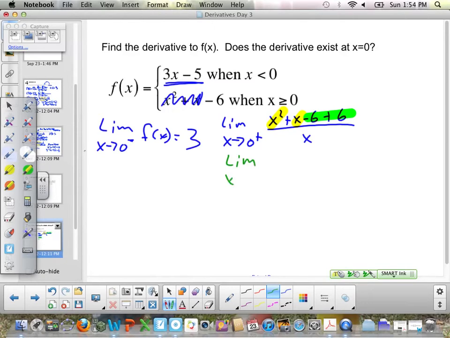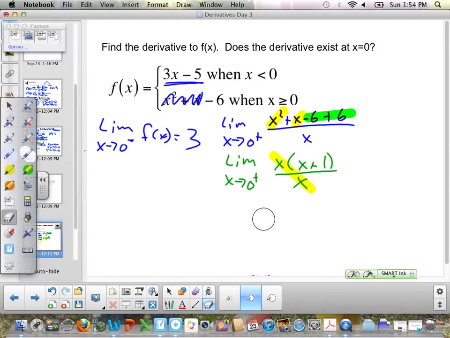We got the limit as x approaches 0 from the right of x plus 1 over x. Cancel there. We got x plus 1 as x approaches 0.